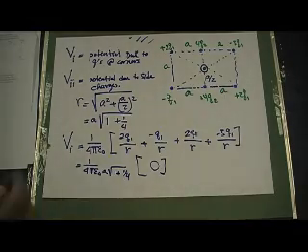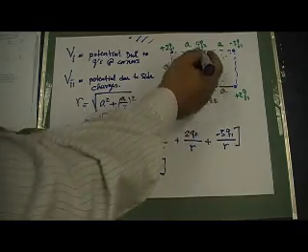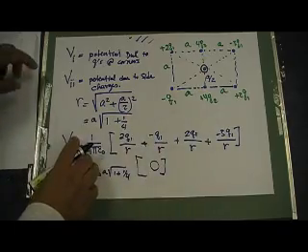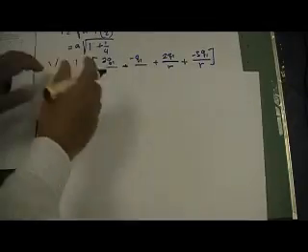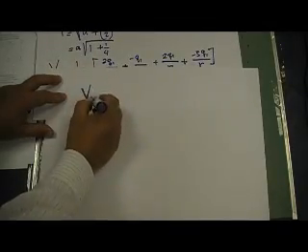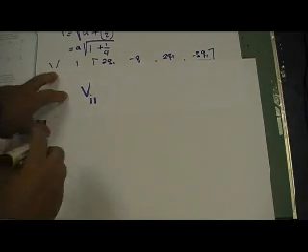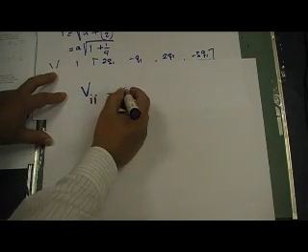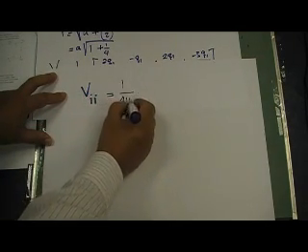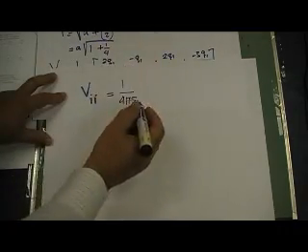So the only thing you need to do is find V due to these 2 charges, which is straightforward. So V2 is 1 over 4 pi epsilon, and remember the distance from there to there is A over 2.